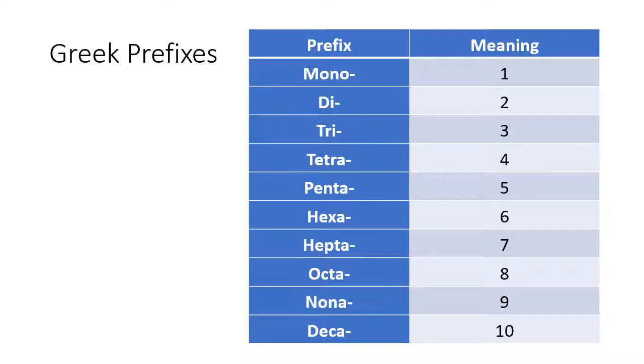The Greek prefixes are mono for 1, di for 2, tri for 3, tetra 4, penta 5, hexa 6, hepta 7, octa 8, nona 9, and deca 10. You're going to want to know these.